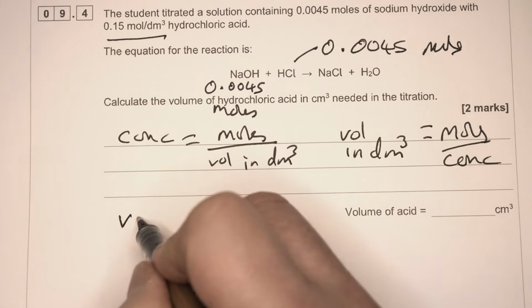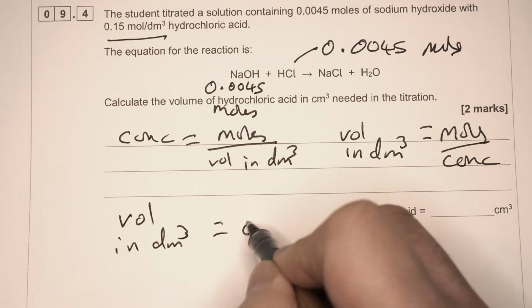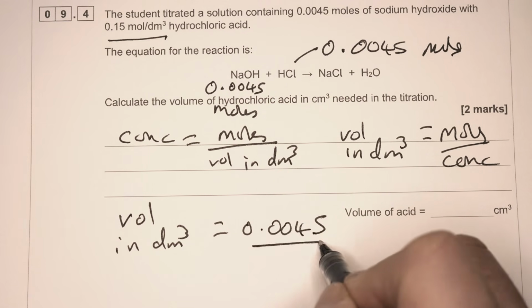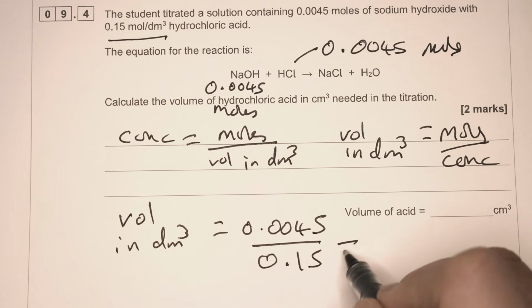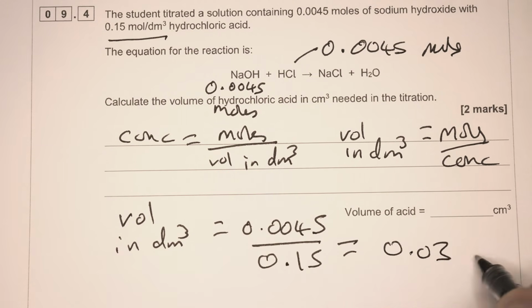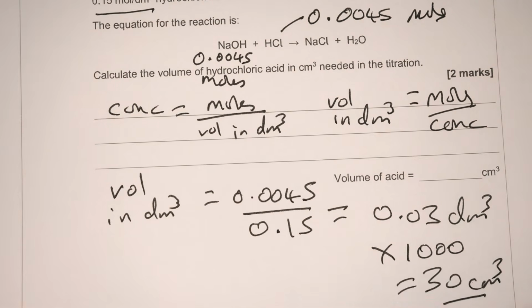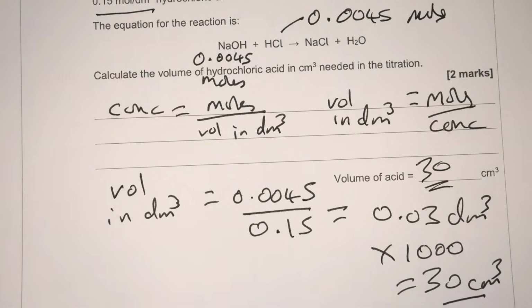So the volume then in dm cubed is going to be 0.0045 divided by 0.15, which is 0.03 dm cubed, and to change it to cm cubed we need to times it by 1000, which is 30 cm cubed. So that is going to be our answer, 30 cm cubed.